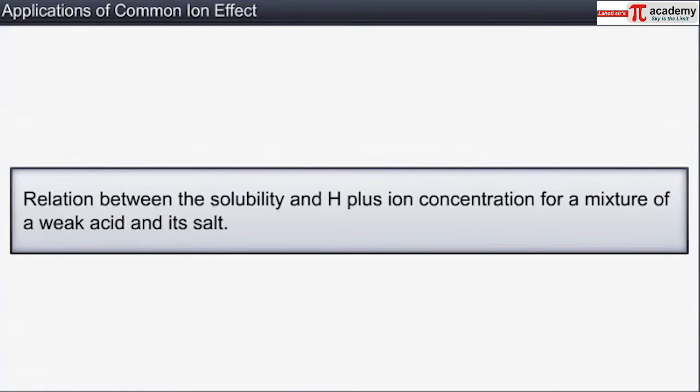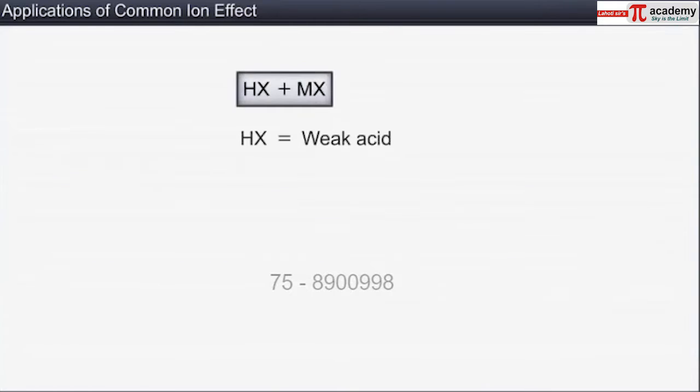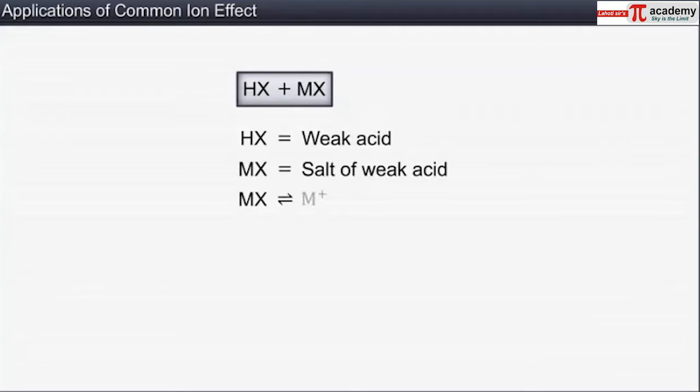Now, let's derive a relation between the solubility and H+ ion concentration for a mixture of a weak acid and its salt. Let's take a mixture of weak acid HX and its salt MX. MX ionizes to give M+ ions and X- ions.